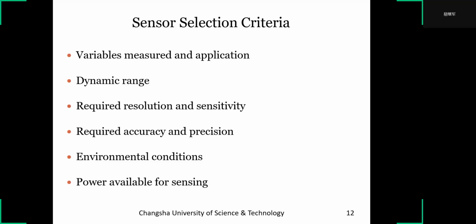Sensor selection criteria: the variable measured and application, dynamic range, required resolution and sensitivity, required accuracy and precision, environmental conditions, and power available for sensing.